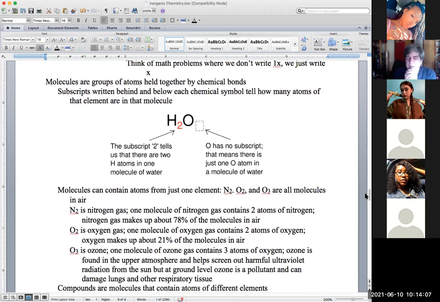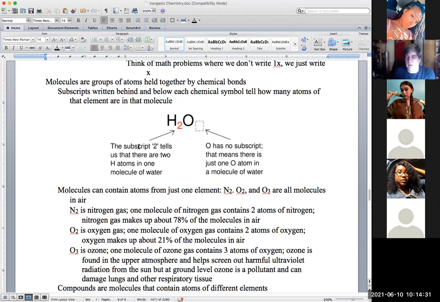Now, when we look at the chemicals that we find in your body, and even chemicals out in the non-living environment around you, we don't see very many elements that are just oxygen by itself or just hydrogen by itself.